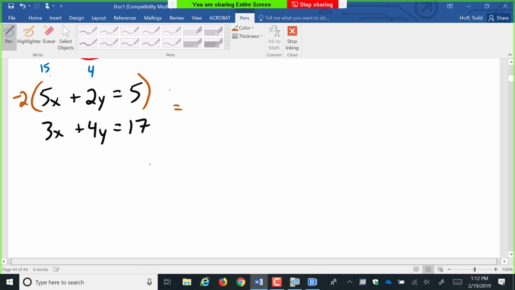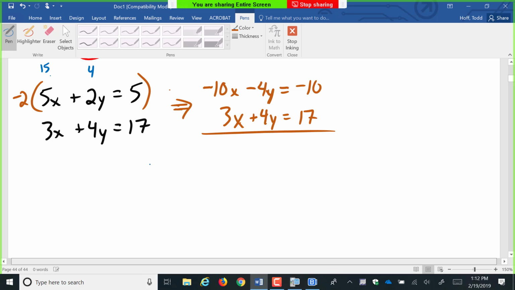What's that going to give us for that top equation? Perfect. -10x minus 4y equals -10. And the bottom one stays 3x plus 4y equals 17. Now what?